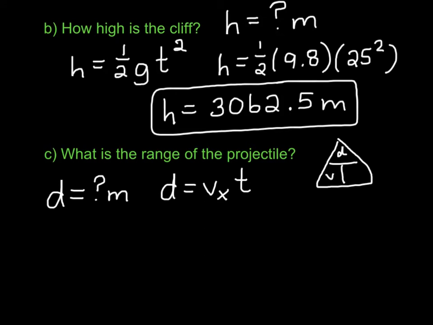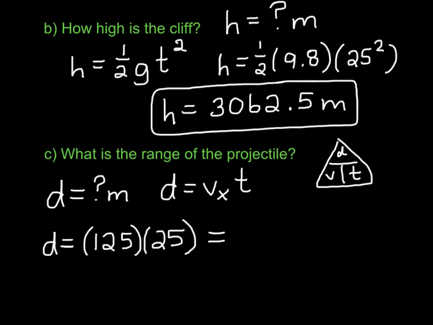We're looking for distance, so we would cover the distance, and what you have left is velocity times time. Plug in the numbers. Distance is equal to 125 meters per second times 25 seconds. So the horizontal distance turns out to be 3,125 meters.